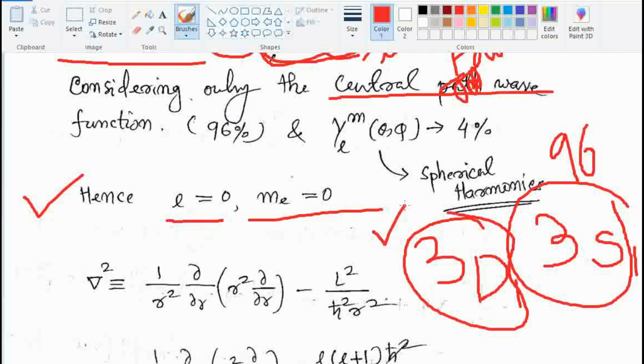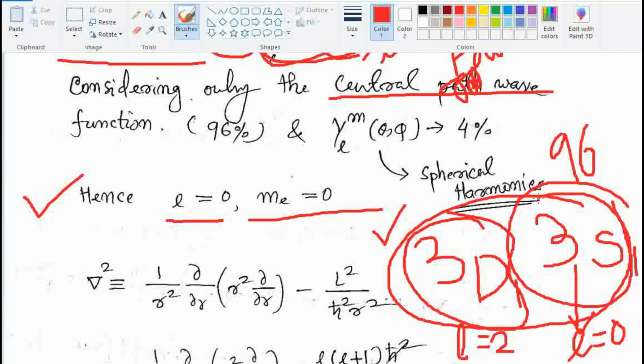For the 3D1 the L value is 2, and for the 3S1 the L value is 0. The ground state of a deuteron consists of these two parts, and here we are neglecting only the 3D1 part because its contribution is 4%. To make our calculation simple, we are neglecting it, that means L equal to 2 we are neglecting.